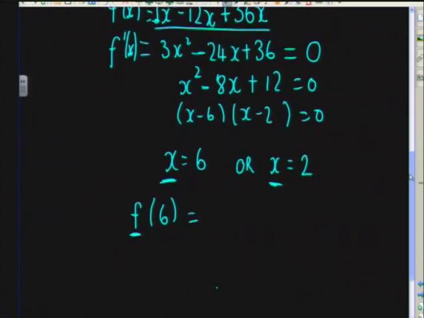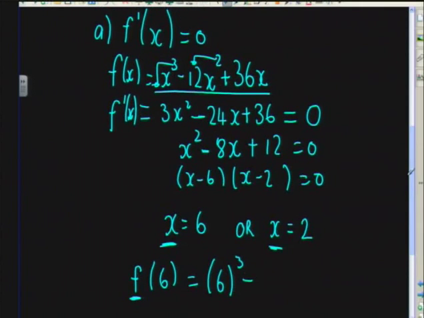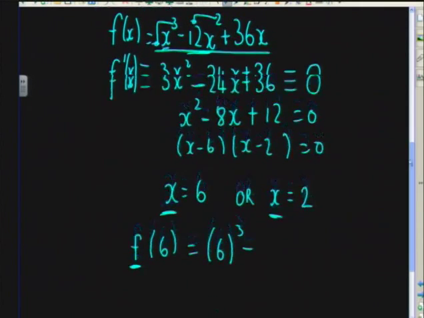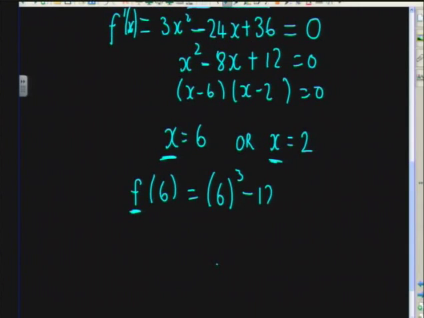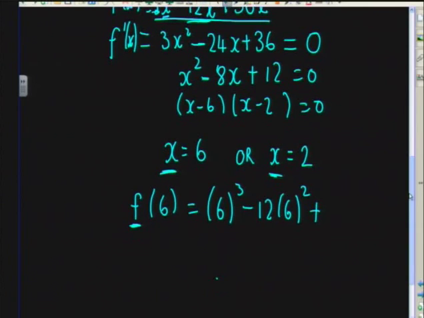So it's going to become 6 cubed minus 12 times 6 squared plus 36 times 6.